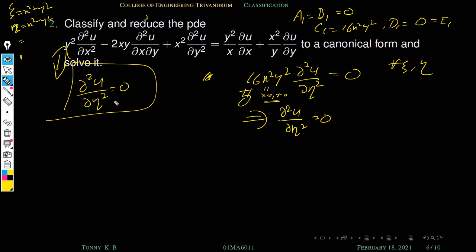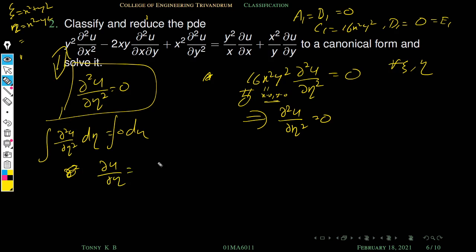How to solve this PDE? By direct integration. By integrating this PDE with respect to eta, okay, then what happened? Integral 0 d eta. If you integrate with respect to eta, this becomes dou u by dou eta equal to a constant of integration. What is the constant of integration when we integrate with respect to eta?